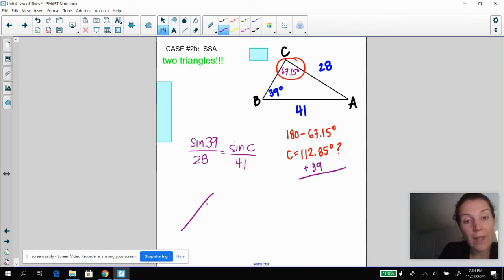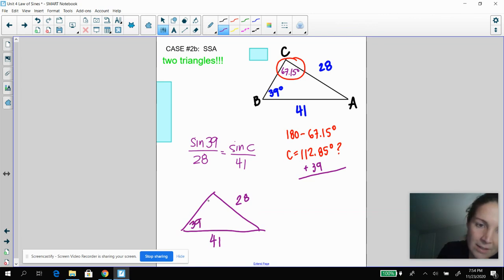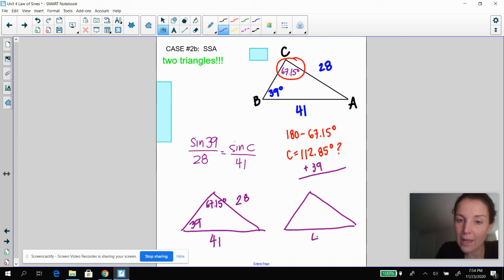We've got one triangle that looks like this, 41, 28, 39, and then 67.15 degrees, right? And then we've got another triangle that looks like this. Again, 41, again, 28, again, 39.